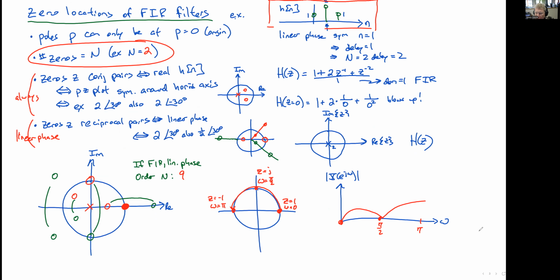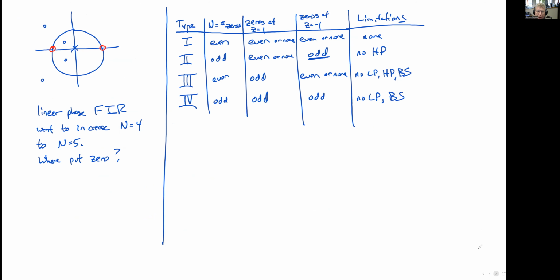We talked about where the zeros have to be constrained to for a linear phase filter. And then we talked about why we introduced the nomenclature for those 4 different types of filters, because not all filters can produce arbitrary frequency responses. And so sometimes if you want to make a filter more exact, you can't just simply increase the order by 1, you might have to increase the order by 2.